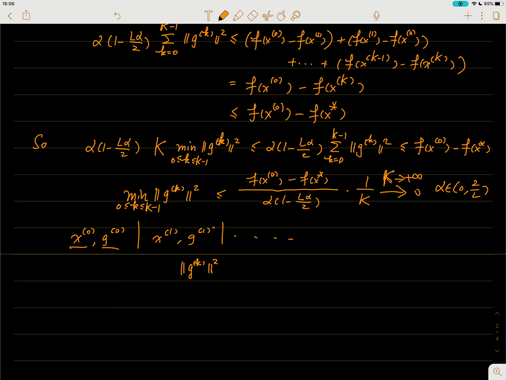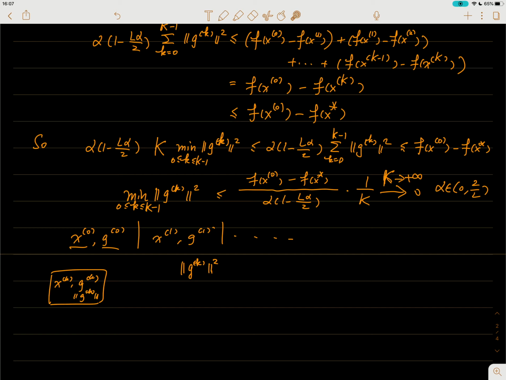So it's like we have a memory here. Besides running this algorithm, I also have a memory that keeps track of the gk and xk. Well, actually, I have the gk norm stored here. So once I have seen a new xk with a smaller gk, I'll replace the current one by the new one.